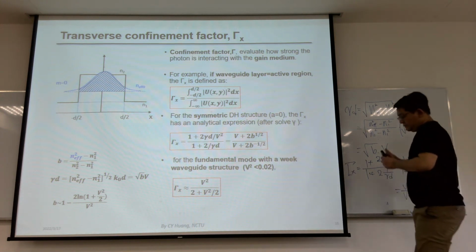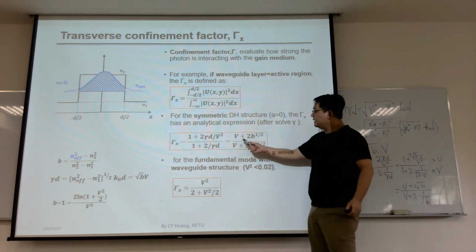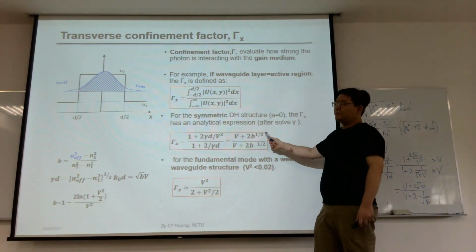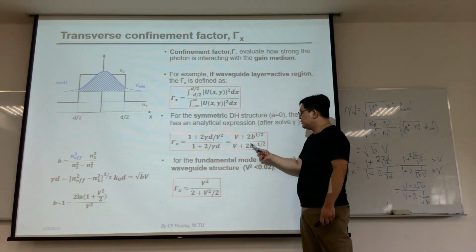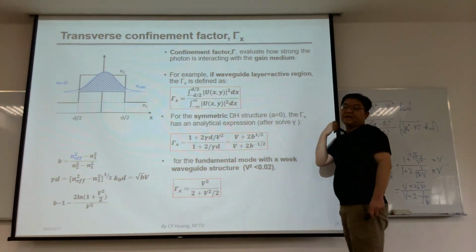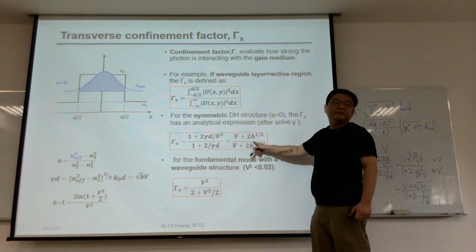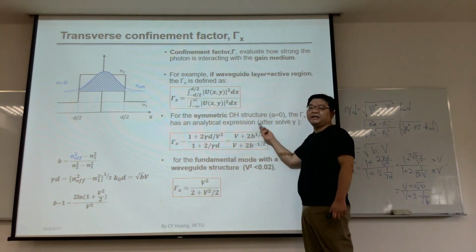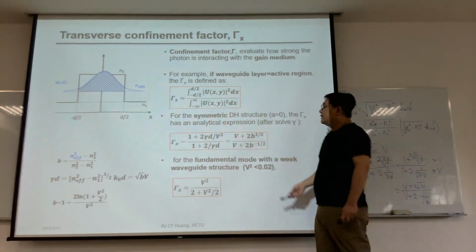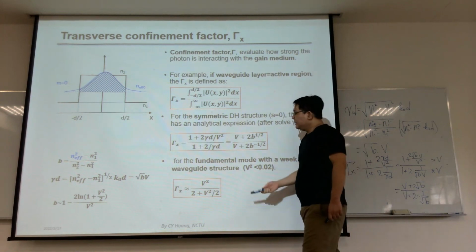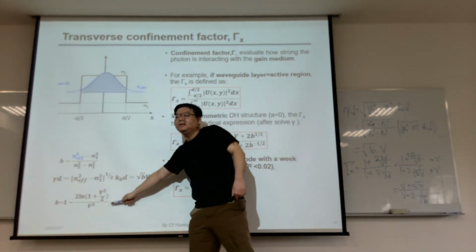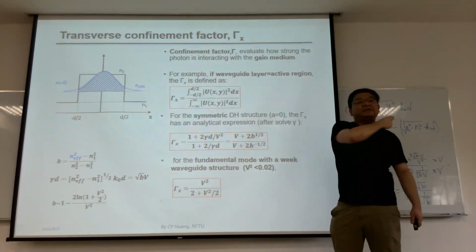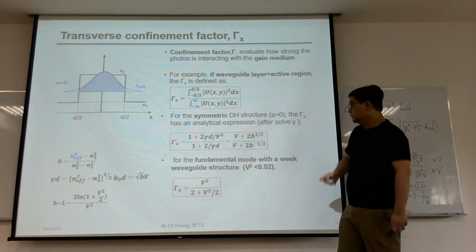So it turns out to be B plus 2B squared over B plus 2B squared, inverse square root. Okay, so that's the most elegant form we can get. As long as you have B, you get gamma. So the calculation is actually pretty straightforward.